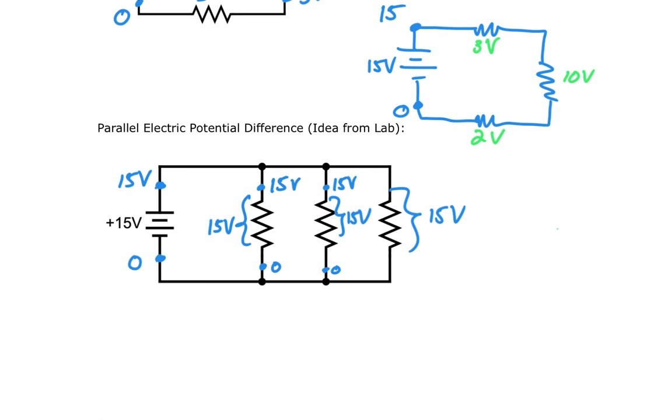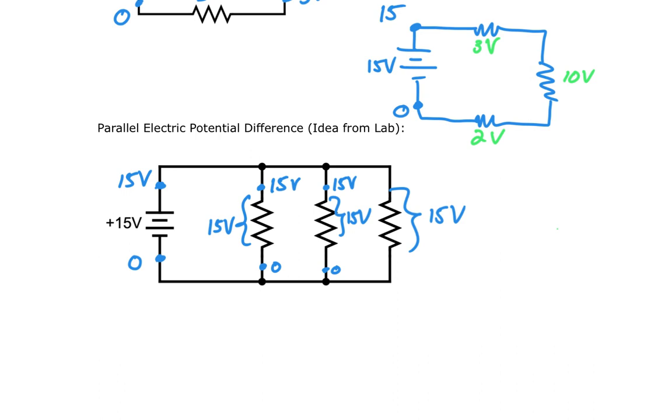One thing to remember about our parallel circuit is that when you make one complete loop from the battery through the components, all the electric potential differences must add to the battery. That's why if there's 15 volts here, I'm only going across one component, so this must be the full 15-volt drop.